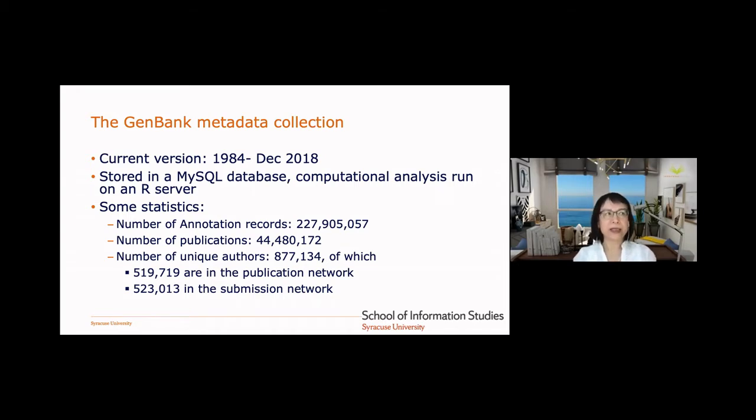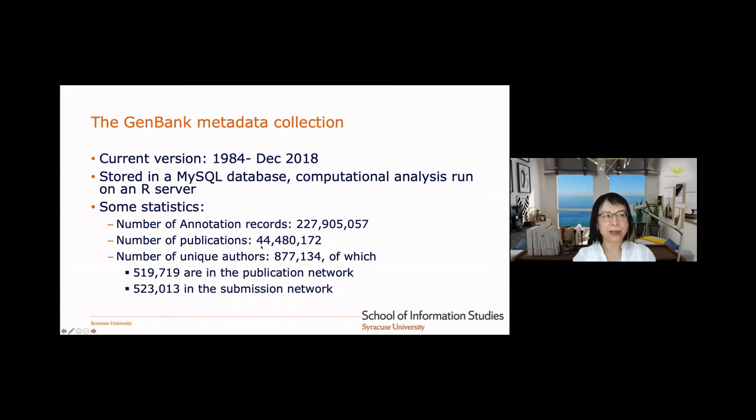The current version of the GenBank metadata collection is from 1984 to December 2018, and it is stored in a MySQL database, and the computational analysis runs on our server. These are some general data. The total number of annotation records is about 228 million.